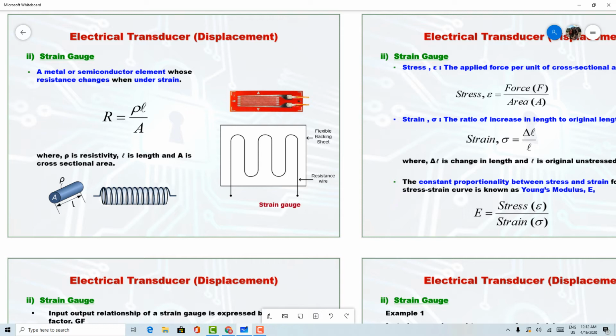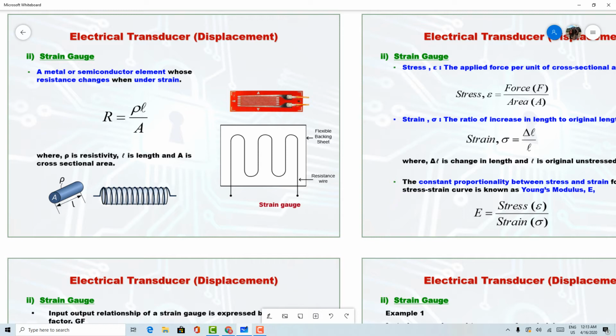Tensile force is applied to a sample of material, in this case the strain gauge, to elongate or pull apart the sample. When tensile force is applied, the material will be elongated or pulled apart.